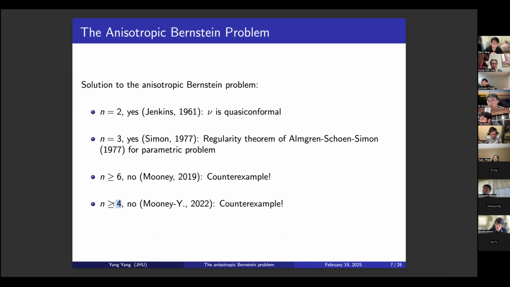But I remember my advisor Connor Mooney just solved the Lawson-Osserman conjecture in 2D for arbitrary codimension.